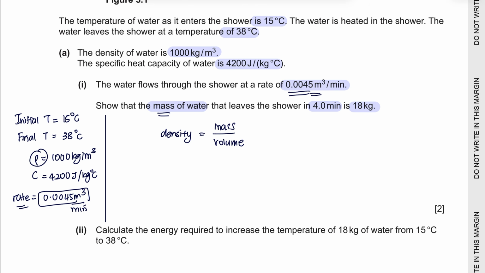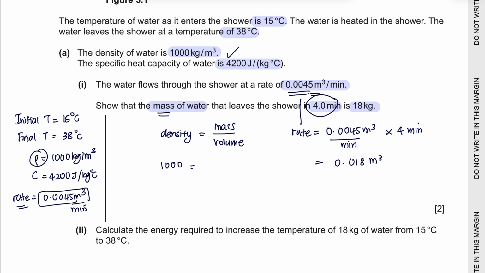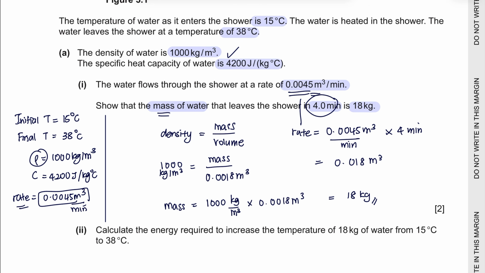And we have been given that the volume of water flow in 1 minute is 0.0045. So this means that in 4 minutes would be a total of 0.018 meter cubed. The density of water has been given, which is 1000. So rearranging the formula would give you 18 kilograms. So you have proven that the mass of water in 4 minutes is 18 kilograms.